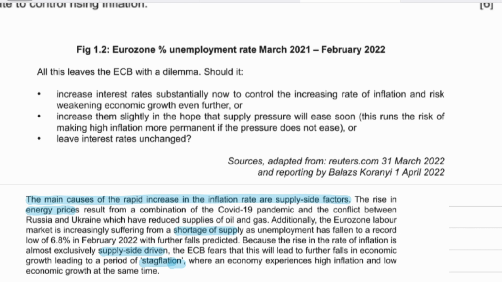But if that doesn't happen, that is exactly the dilemma it's facing: what if the energy prices don't go down later on? Or maybe it's thinking whether it should not touch the interest rates at all, because it knows that increasing interest rates might reduce inflation, but it has other negative impacts as well.